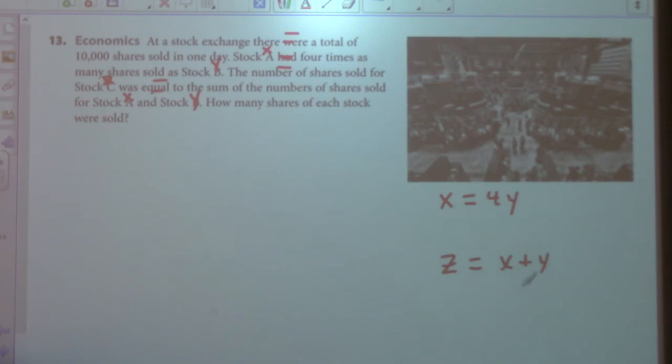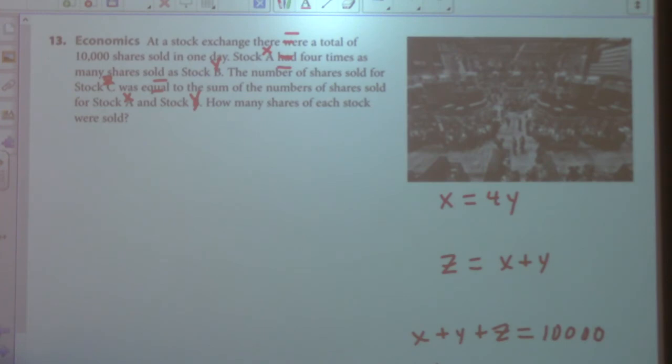Is that a good equation? Okay, we need one more. You have one more? X plus Y plus Z equals 10,000. Okay, is that very hard? That's not that hard, is it?